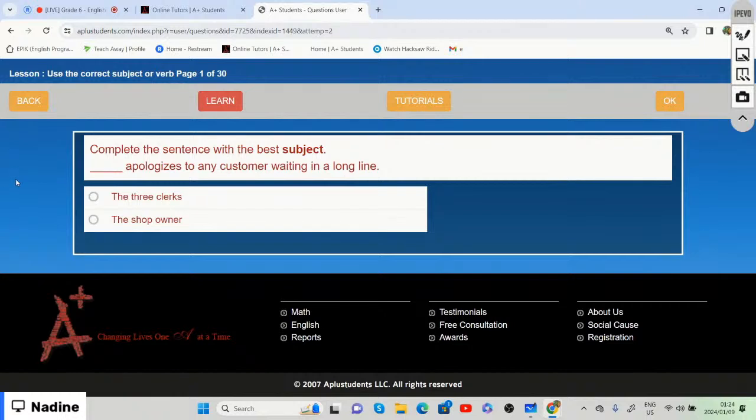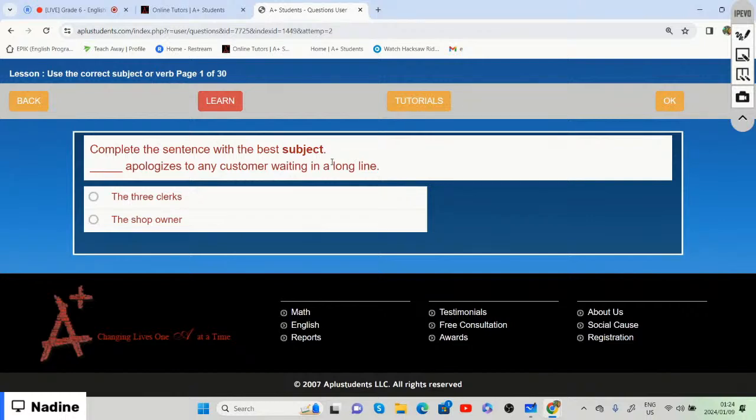All right, so now we're going to complete the sentence with the best subject. So you're going to have to specifically look at the verb in order for us to find the best subject. So do we say the 3 clerks apologizes to any customers waiting in a long line, or the shop owner apologizes to any customer waiting in a long line?